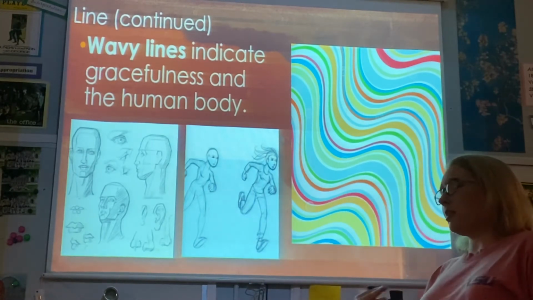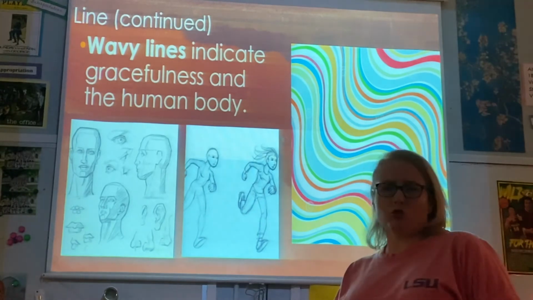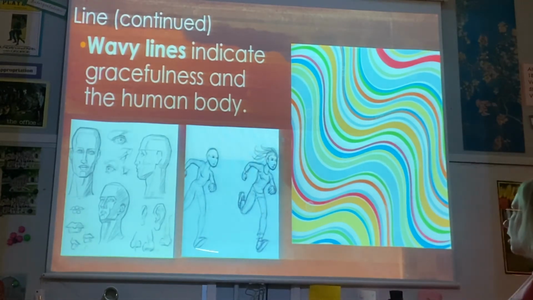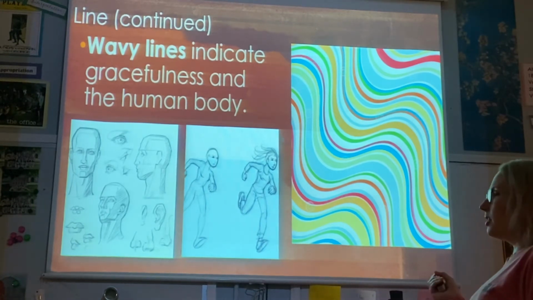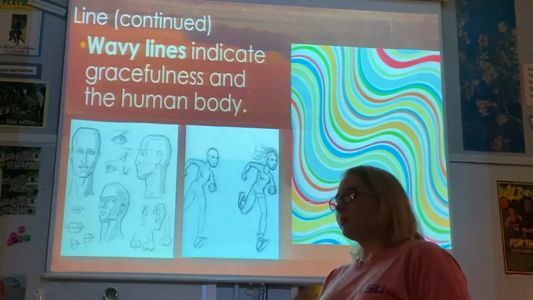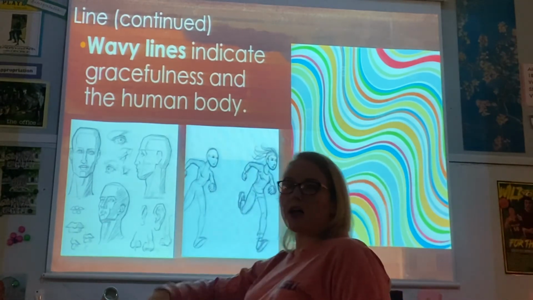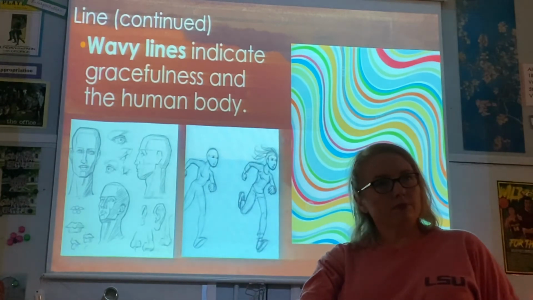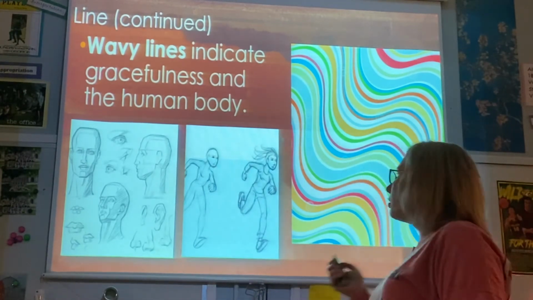And there should be very few straight lines with your human body because we're all a bunch of wavy lines. So if you're a dancer or something else that signifies grace, if you're going to draw about that particular activity, you would include a lot of wavy lines.